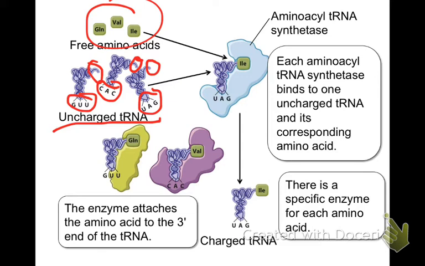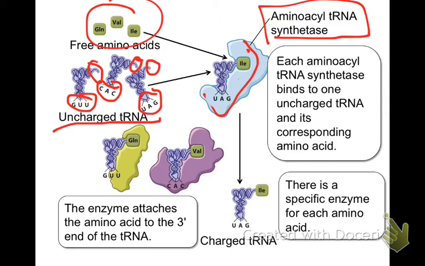This aminoacyl tRNA synthetase, this specific one right here, is always going to pick up the tRNA that has the UAG anticodon, and will always bind this particular tRNA to the isoleucine amino acid. It's very specific.